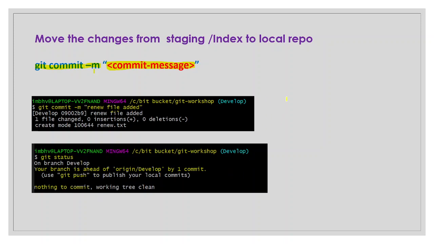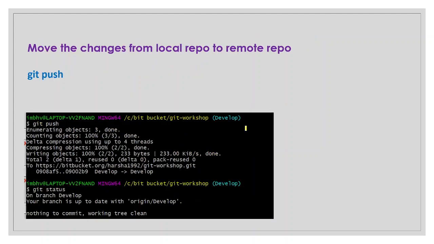To move those to remote, you need to use a git push command to move the changes from your local repository to the remote repository. Commit only commits to your local repository. When you do push, only then will those changes be available in your remote repo.